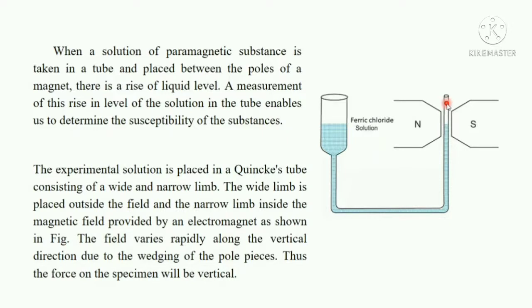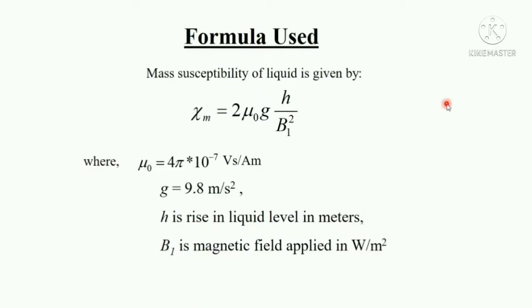So the formula used for finding out the mass susceptibility for the liquid is given by chi m is equal to 2 mu naught g h upon B square, where mu naught and g are the constants. h is the rise in the liquid level in meters and B is the magnetic field applied in Weber per meter square. Now let's perform the experiment.